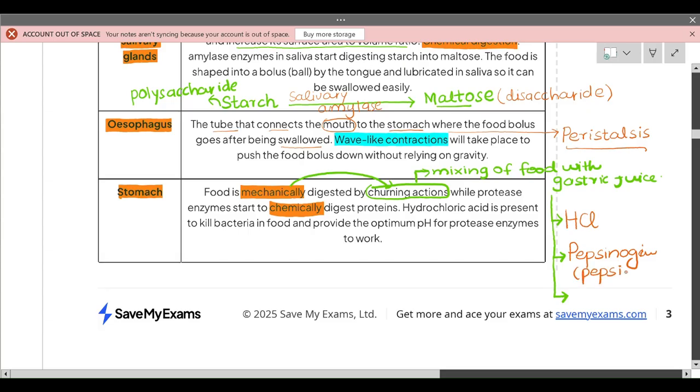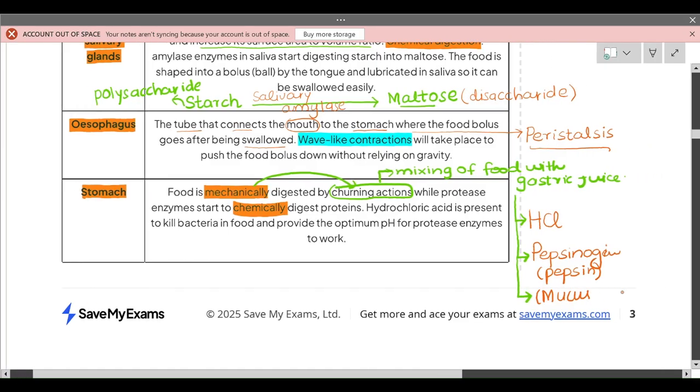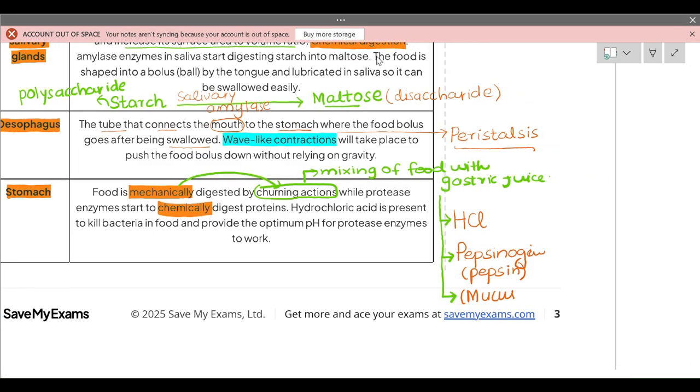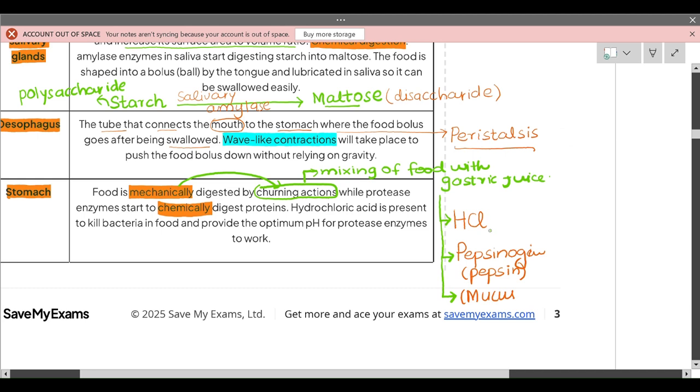There is another thing that I told you yesterday. Yes, mucus. So let's discuss them now: how they are present, why they are present, and what their function is. As I told you, HCl is present to kill microbes or bacteria if they have entered your body.